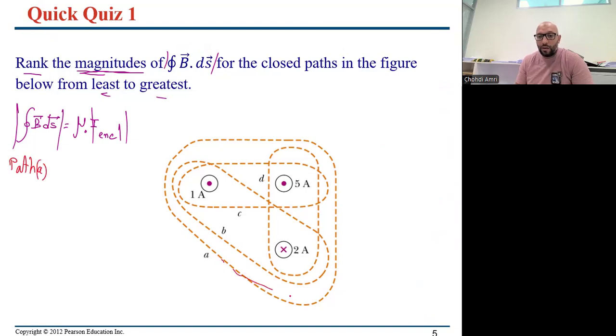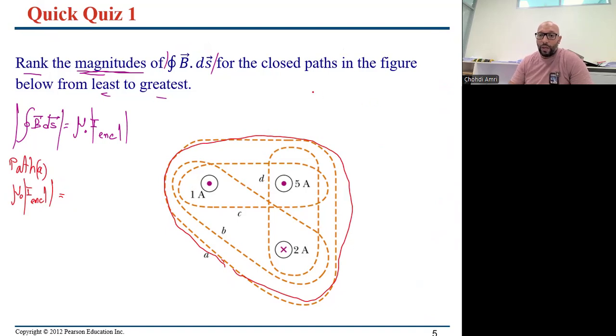Path A encloses all the currents. In path A, mu naught I enclosed in absolute value is equal to all the current enclosed by the path multiplied by the permeability of free space.